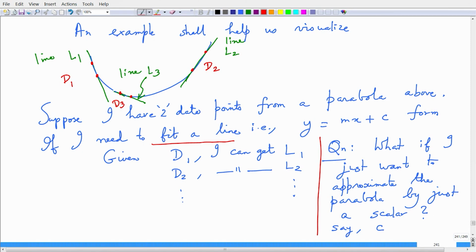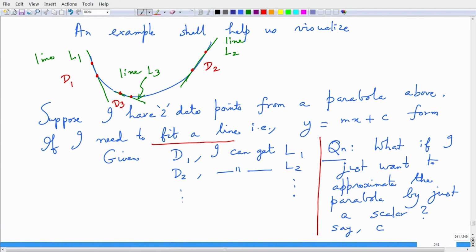But instead of fitting a line, I just want a point which is a best representative of this blue curve, which is this parabola. Then what do I do with this, and what can I comment about the goodness of my fit, and so on and so forth.